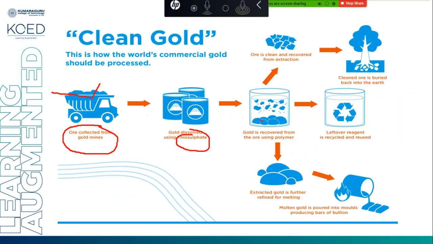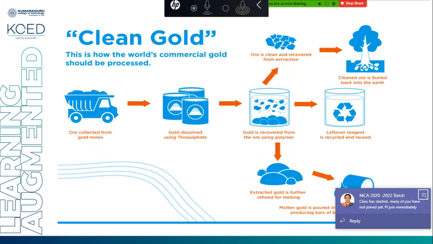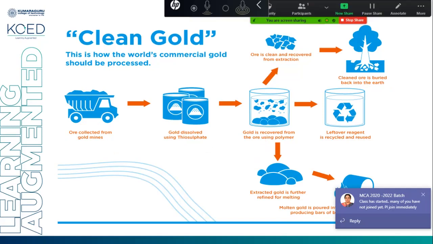Then the gold is recovered from the ore. Gold is separated from the ore, and the ore is cleaned and recovered from the extraction. The cleaned ore is buried back into the earth.